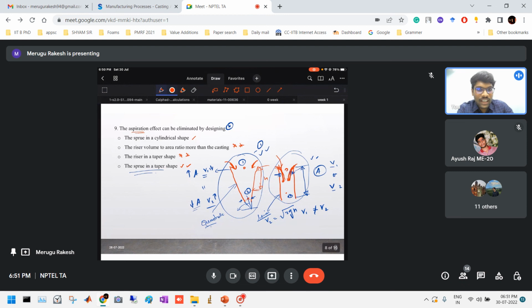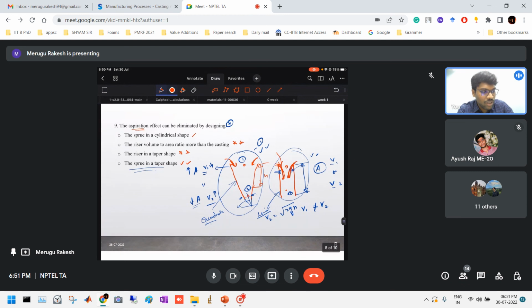In the cylindrical shape, there is a flow separation here. If the flow gets separated, there is a chance of formation of eddies inside, and the pressure inside will be very much below atmospheric pressure, which leads to trapping of gases. Is that clear?